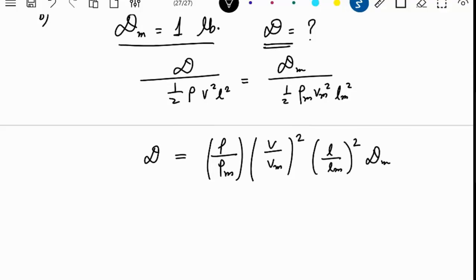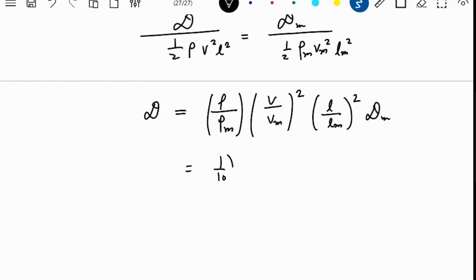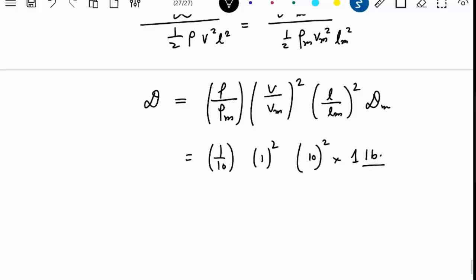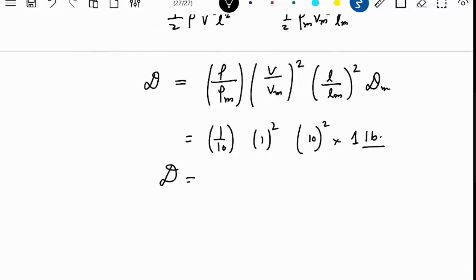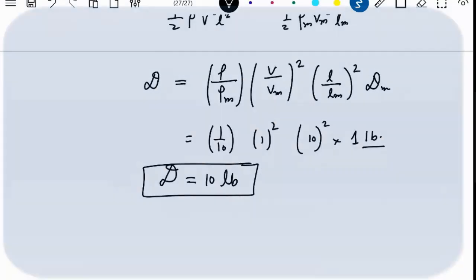And this becomes 1 by 10, this is 1, this is 10, and this is 1 pound as given in the problem. So the drag force on the prototype is 10 pound. This is the drag force we will have on the prototype.